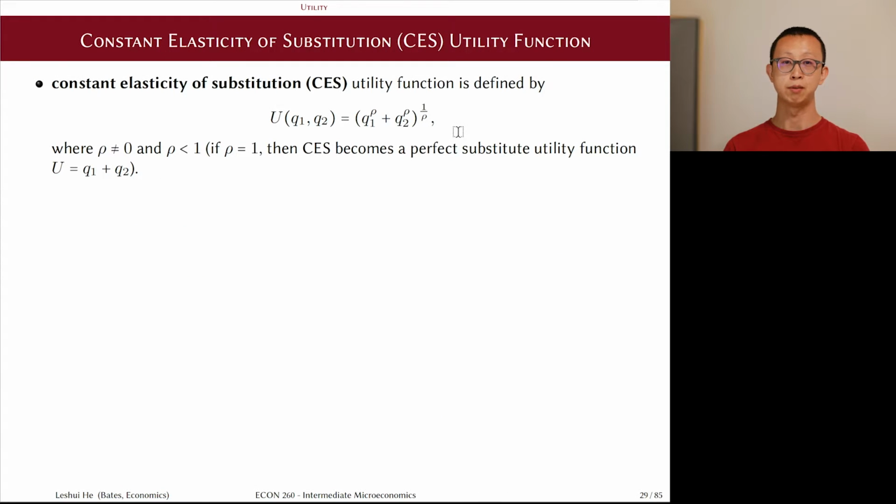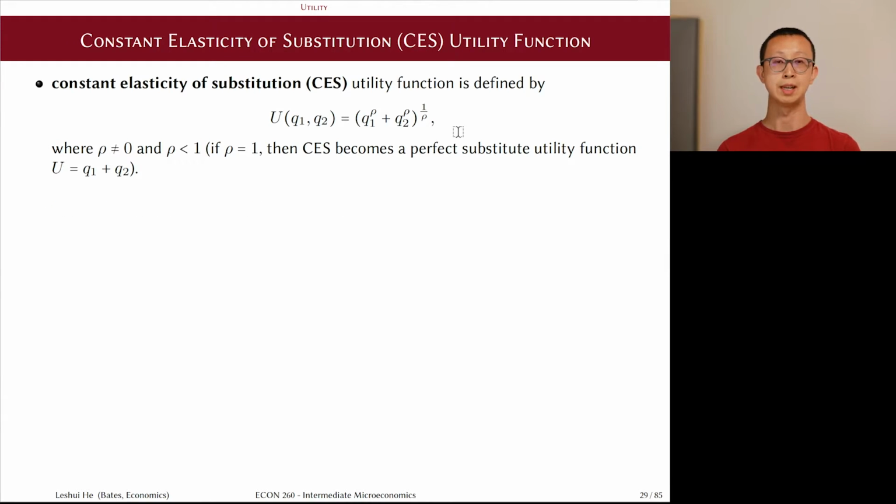As for the name of this utility function, it is because there is a measure called the elasticity of substitution. Note that this measure is not the same thing as our familiar notion of marginal rate of substitution. It turns out this particular function has the property that its elasticity of substitution is always constant. But we will not talk about that feature now and will postpone it until the latter part of the semester.